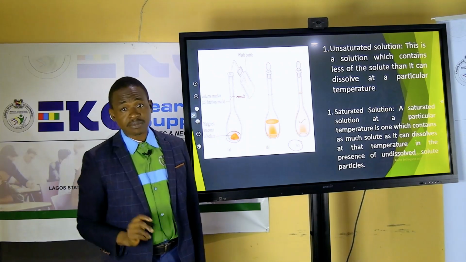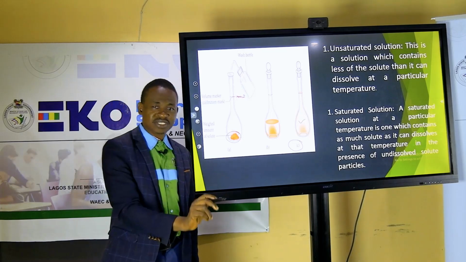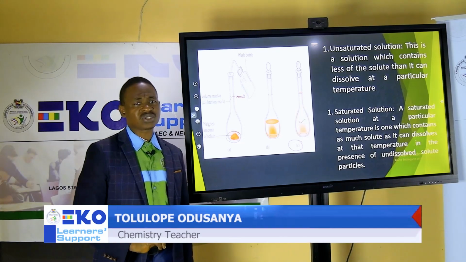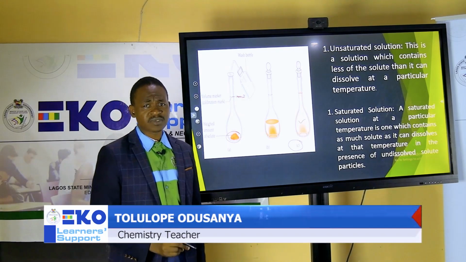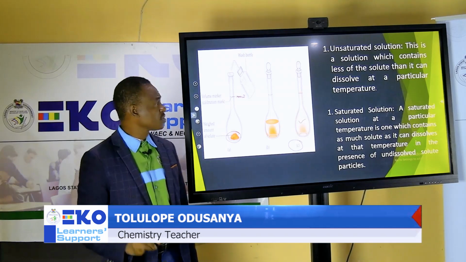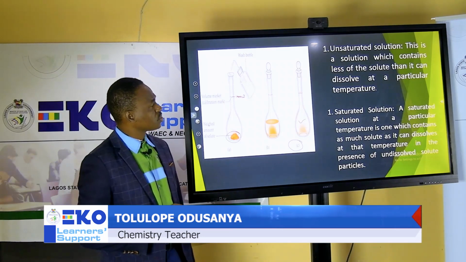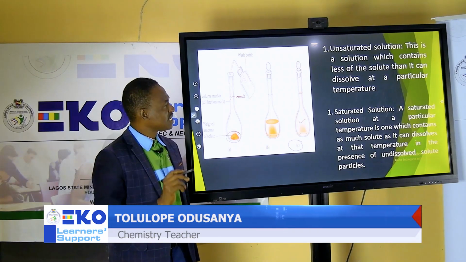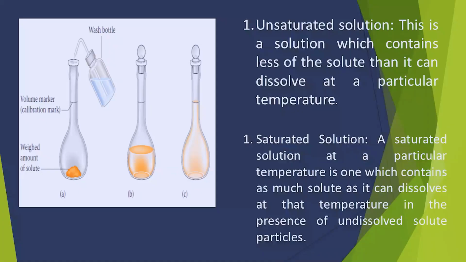It is now of two types. You can say a saturated solution. You can say an unsaturated solution. So basically, what do we mean by unsaturated solution? Yeah, it's a solution which contains less of the solutes that it can dissolve at that particular temperature.